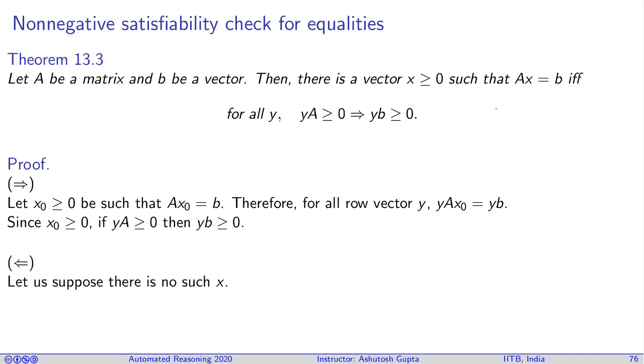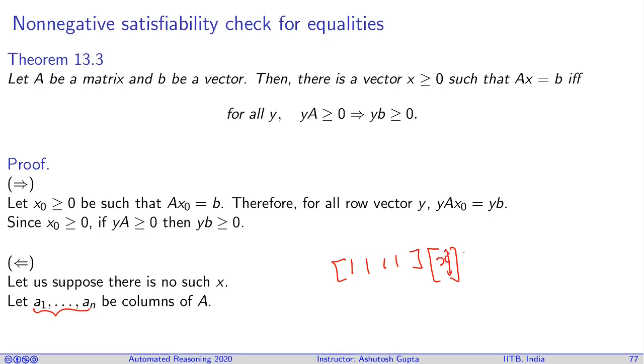In the reverse direction, let's suppose there is no such x, and we will show that we also have a violation here. Let a1 to an be the columns of A. So consider the matrix A as a bunch of columns, and you have Ax. x is a vector here, which multiplies with these columns and produces b.